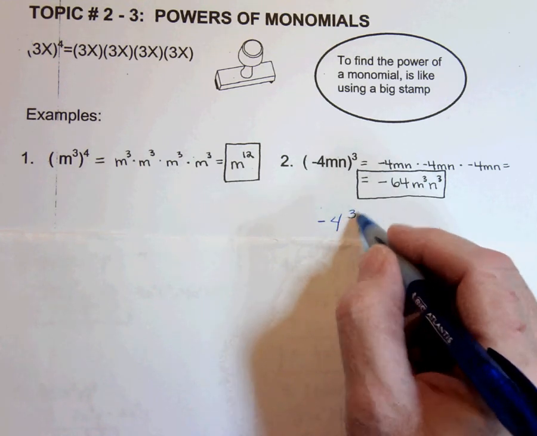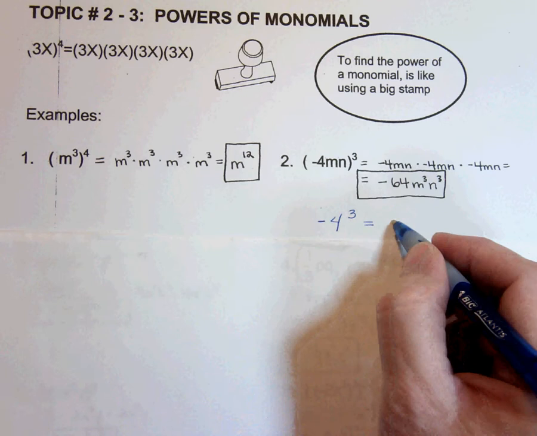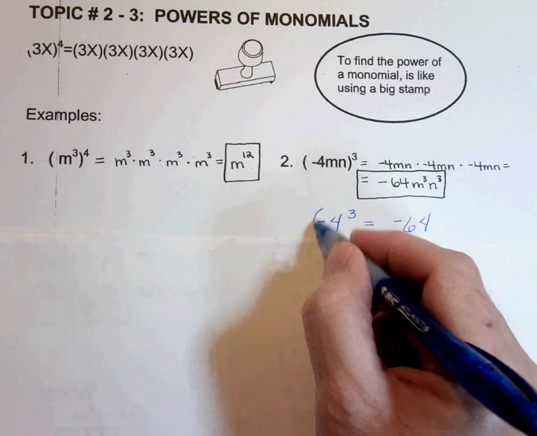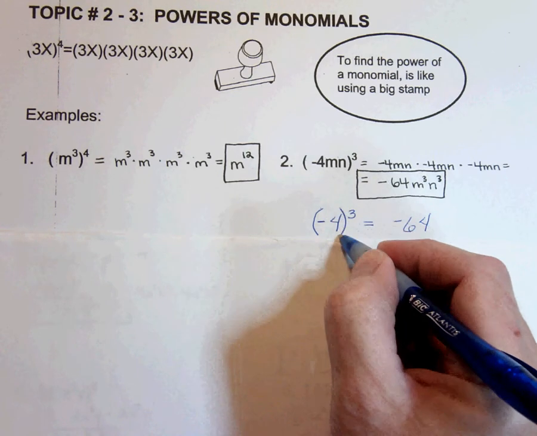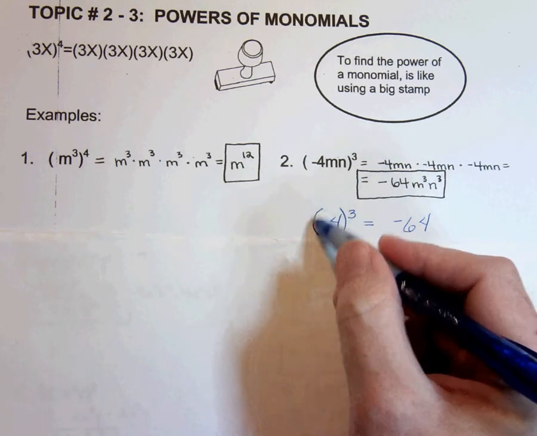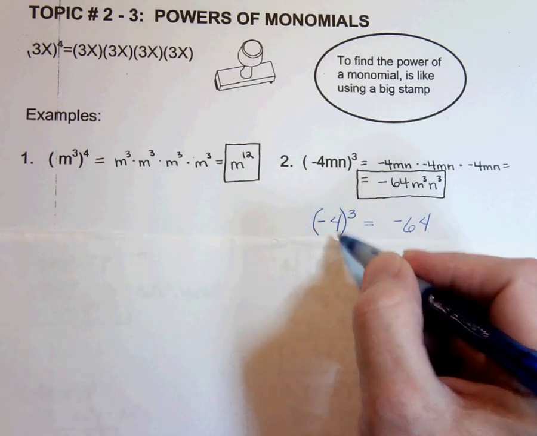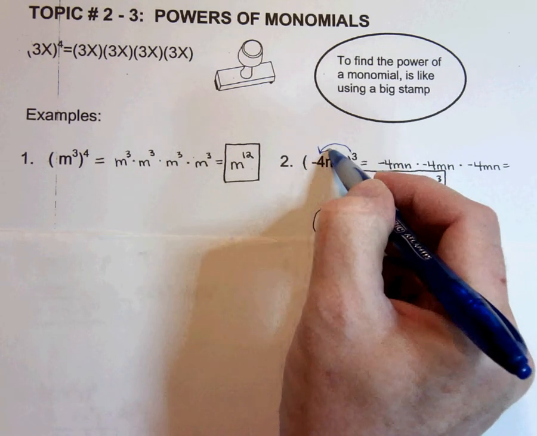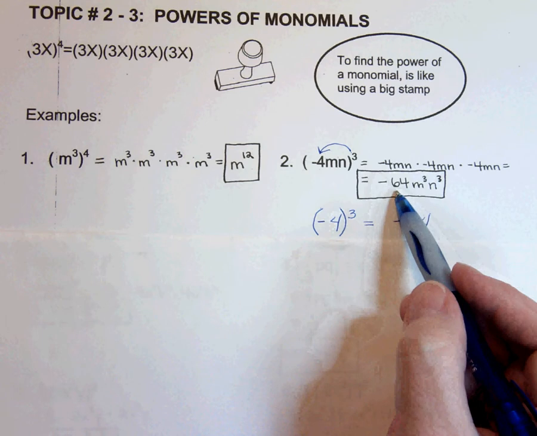So you've got to be careful. If this is odd, it's going to end up giving you a negative 64. But if that happened to be an even power, it wouldn't have given you the right thing. So you have to remember that you put it in parentheses. That negative 4 to the power of 3 is negative 64.